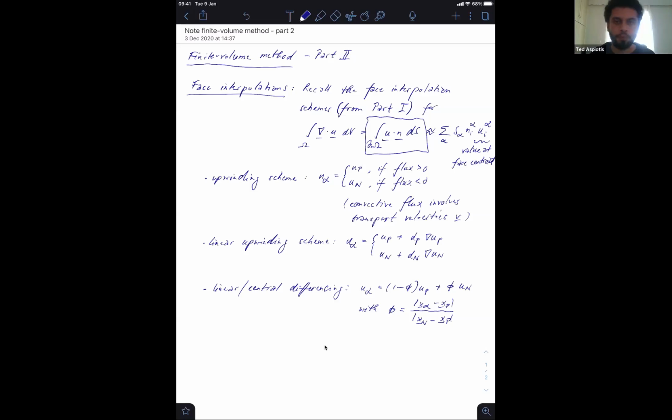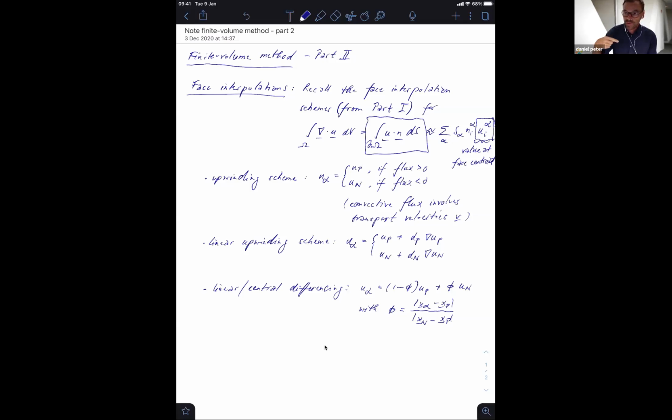And this is going to be approximated with a finite volume method using the expression on the right-hand side. And there you see we have these values of u at the phase centroids, which we don't have. So we need to interpolate these values somehow.